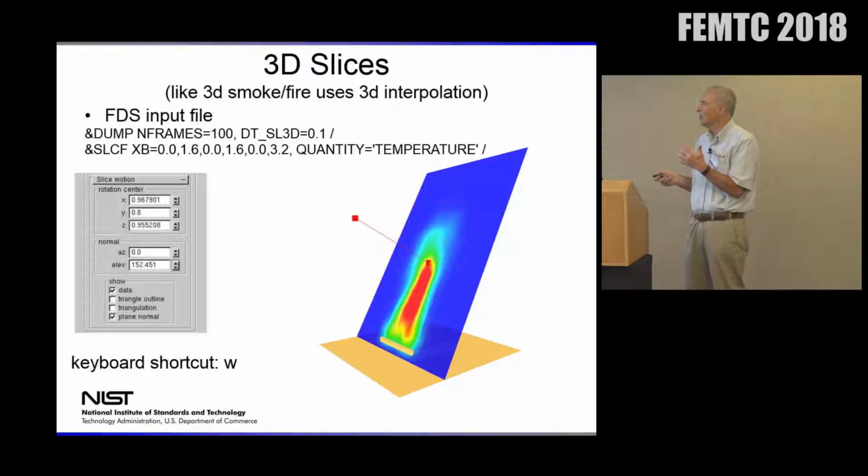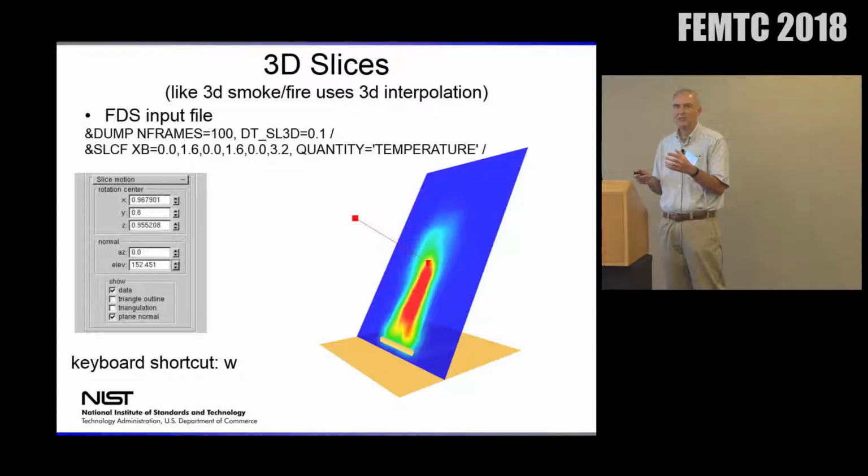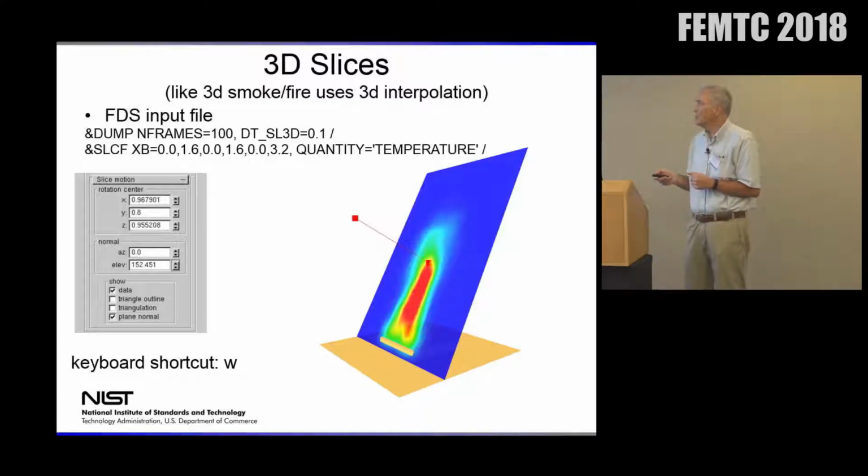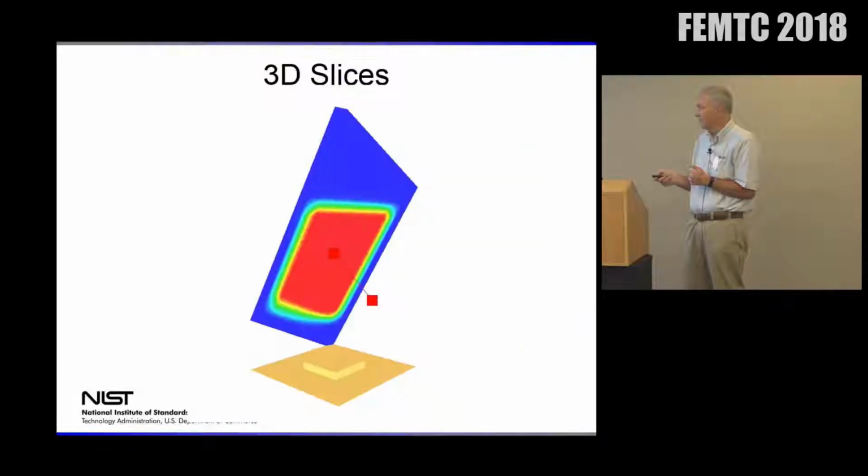You can control the direction either with the mouse, by moving the plane somewhat the same way you move the scene, or with the dialog box, by specifying the location of this dot and then the azimuth and elevation angle.